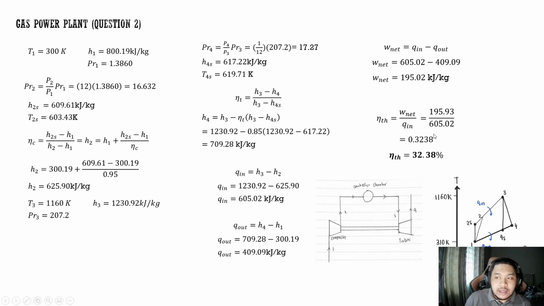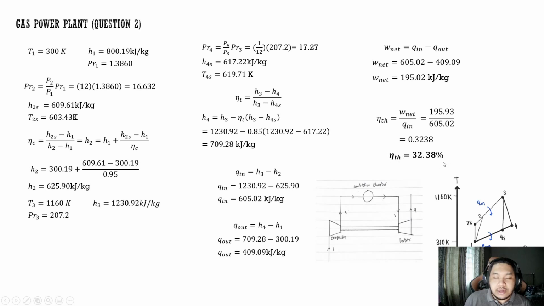We can also calculate the W net using the values of Q in and Q out. We get 195.02 kilojoules per kilogram. After that, we can calculate the thermal efficiency of our gas power plant using the formula W net over Q in, and we get 32.38%.